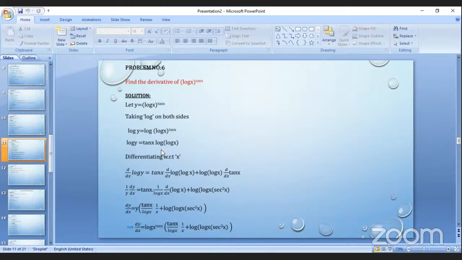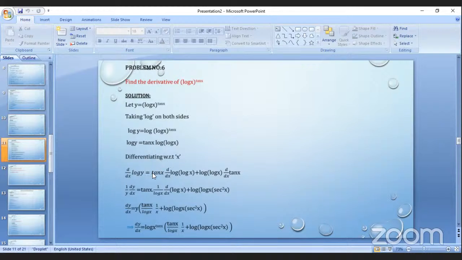So we use the UV rule, that is d by dx of UV equal to u into d by dx of v plus v into d by dx of u.